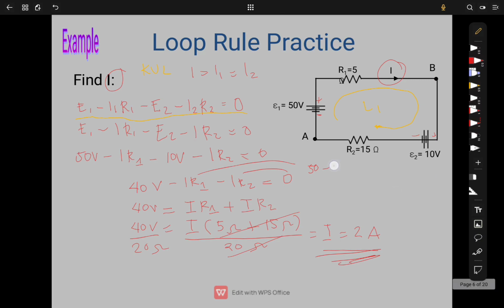So that is 10 minus ito natin, that is 10 minus yung ating R2. So 2 times 15, that is 30, is equal to 0. So 50, so 10 plus 10 plus 30, so we got negative 50 is equal to 0. So 0 is equal to 0. So tama yung nakuha nating current value, that is 2 ampere.